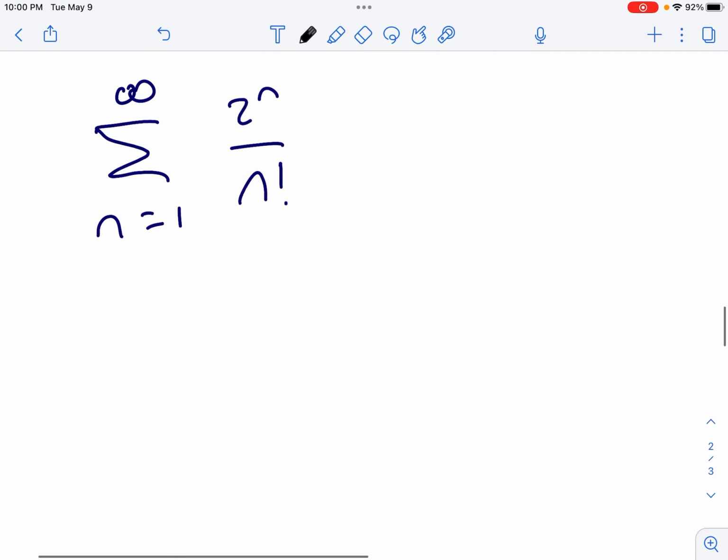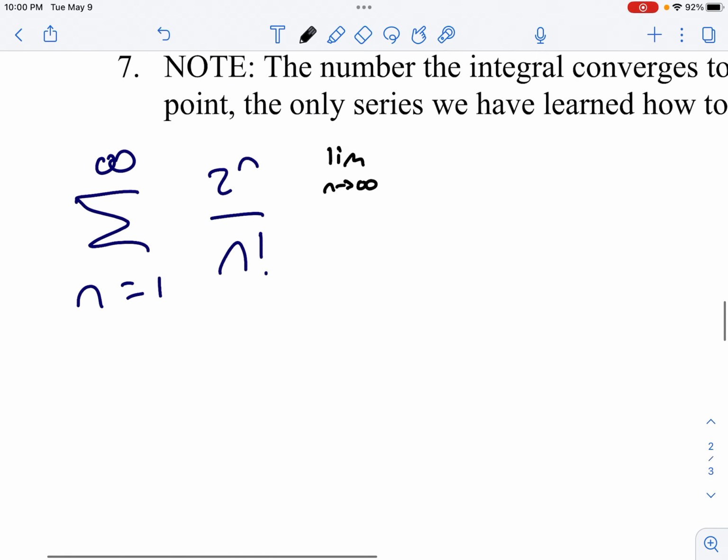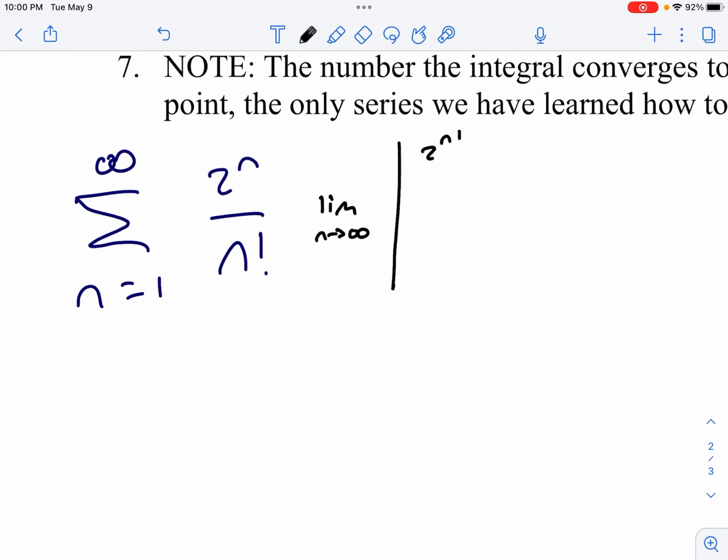So here we go. What we want to do is find the limit as n approaches infinity, and remember what it is. It's the original series with added 1. So we're going to add 1 to all those n's. So it's the absolute value of 2 to the n plus 1 over (n plus 1) factorial, divided by the original series.